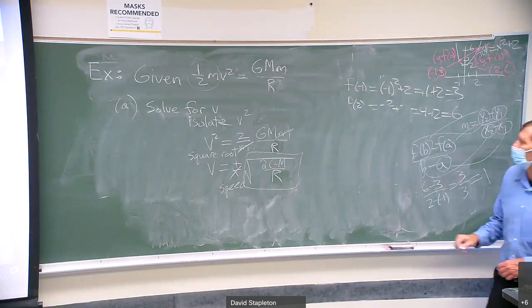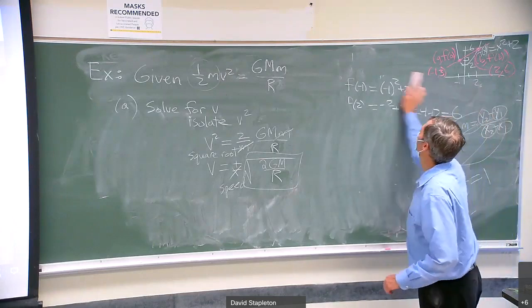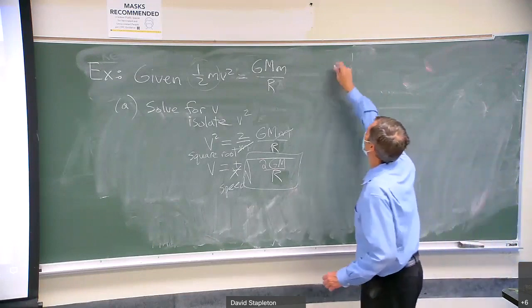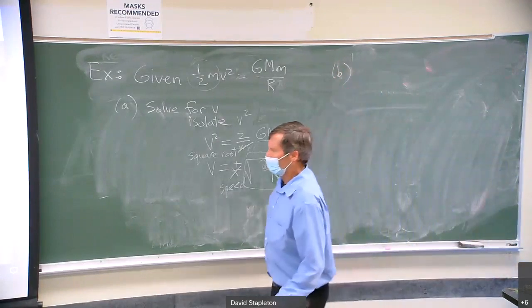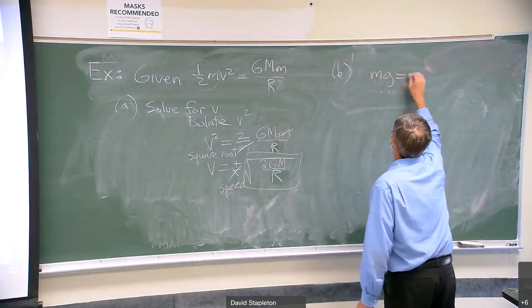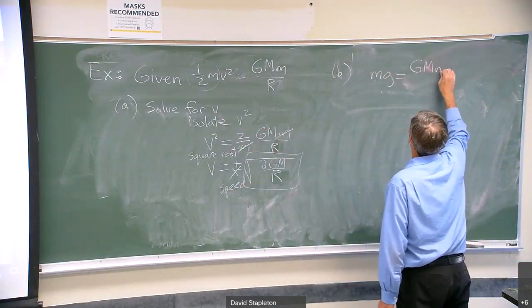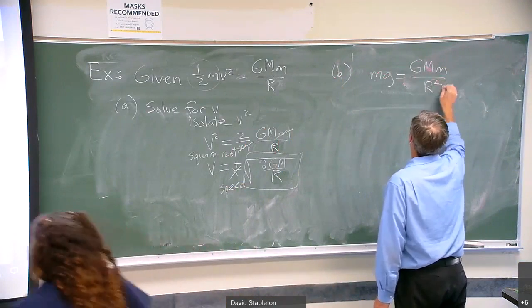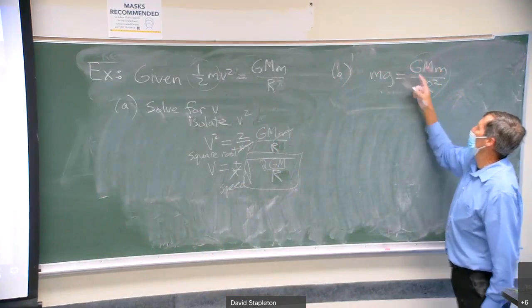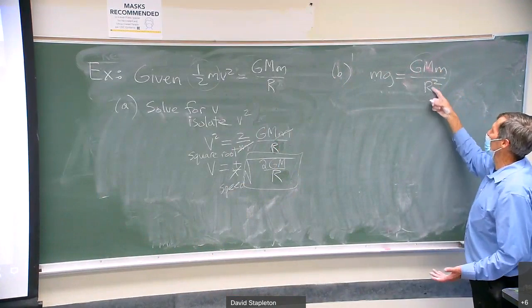Then it says the equation in part B, that mg equals GMm over r squared. This one actually is the force of gravity at an arbitrary distance r from the Earth.